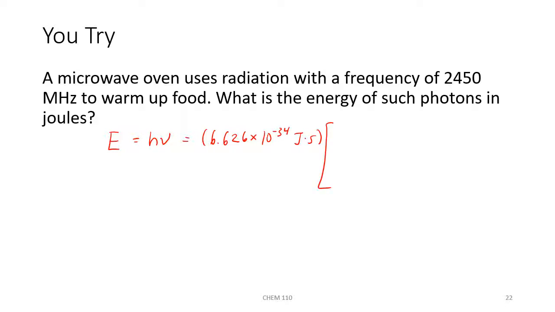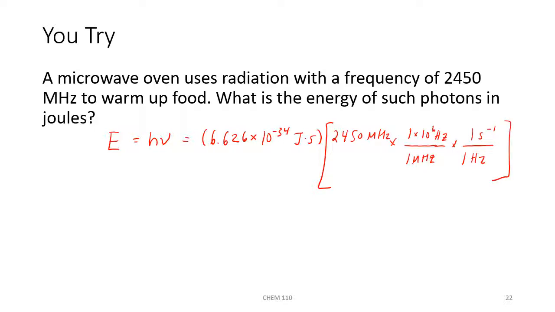So starting with what we were given, 2,450 megahertz. 1 megahertz is equivalent to 1 times 10 to the 6th hertz. And then we can convert our hertz into inverse seconds because those are 1 to 1. 1 hertz is equal to 1 inverse second.